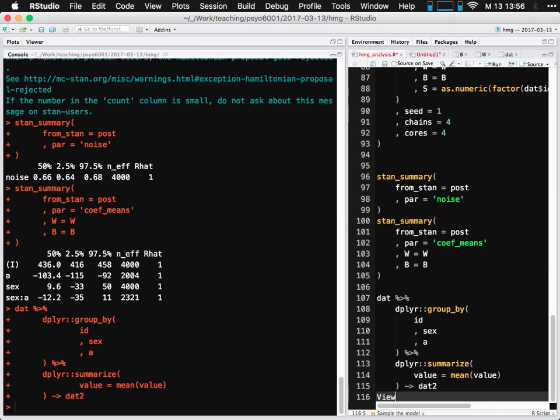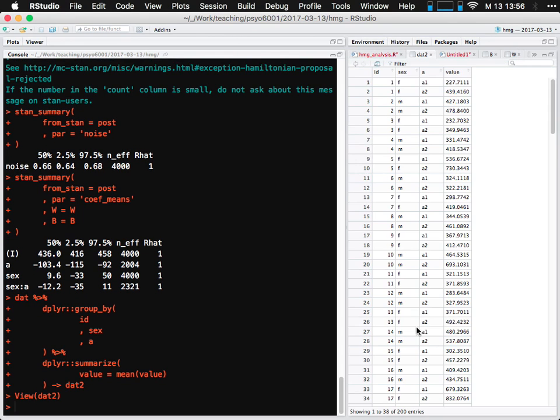So if I say view dat2, we've got 2 observations for person 1, 2 for person 2, 2 for person 3, etc. So this is more the format of what we were looking at before we got into hierarchical models, where you had within subjects manipulations, but only 1 observation per person per level of the within subjects.